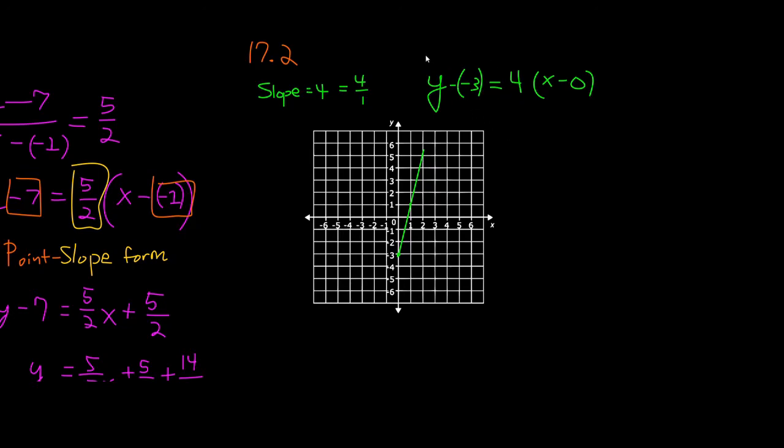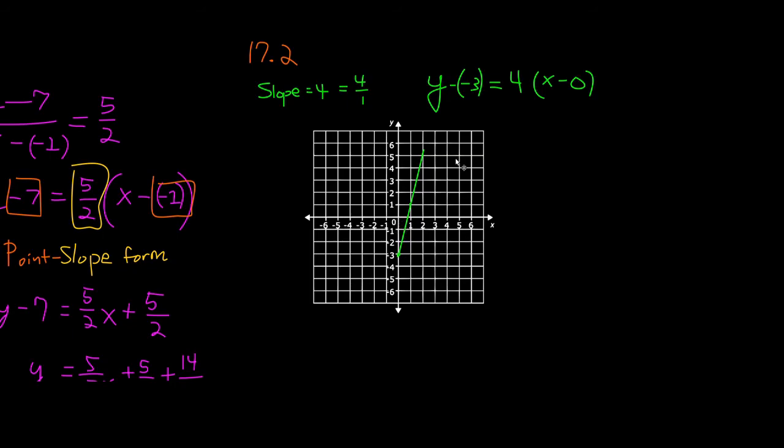So here we have our equation in point-slope form. The important thing to realize is that point-slope form is always y minus the y coordinate of our point equals slope times x minus the x coordinate of our point.